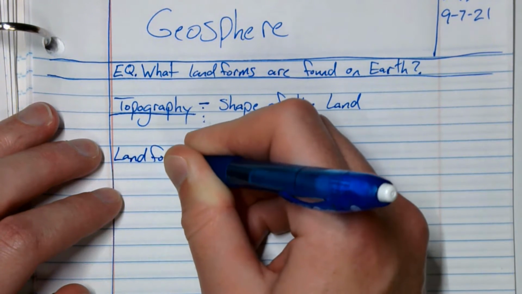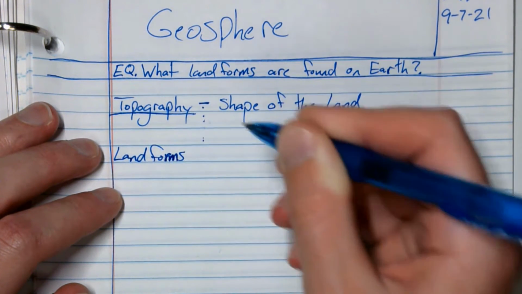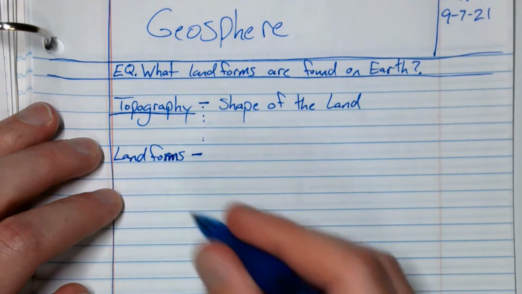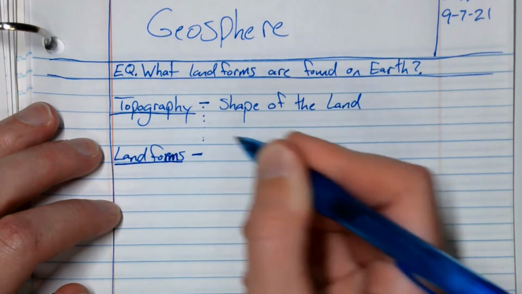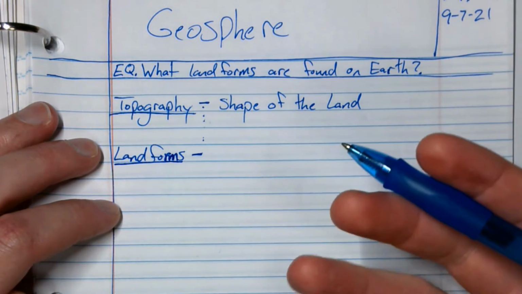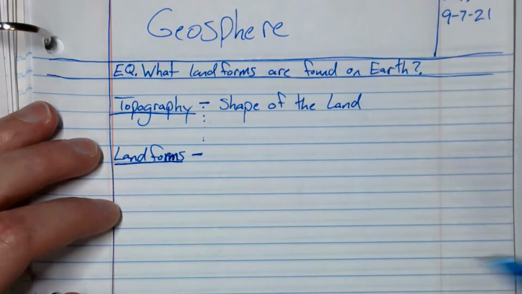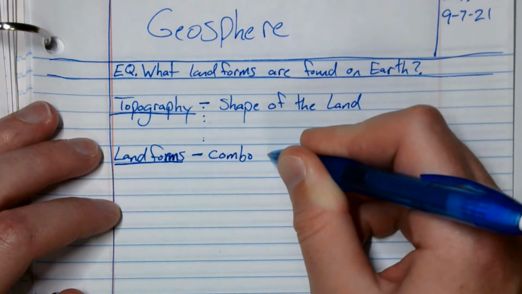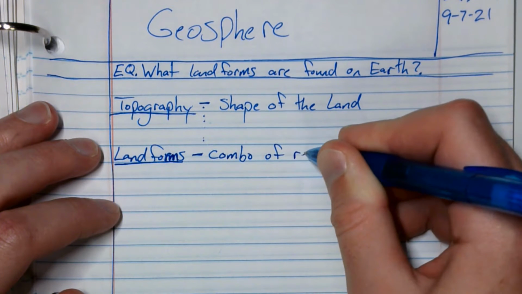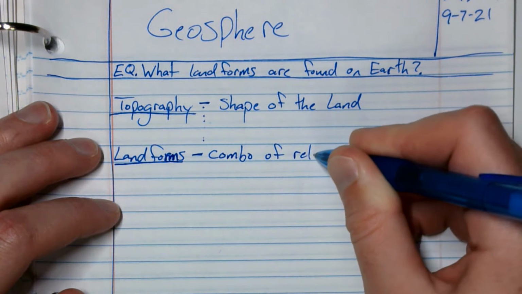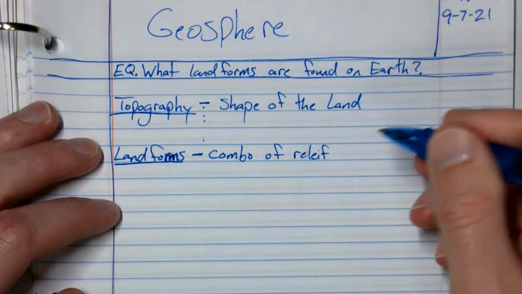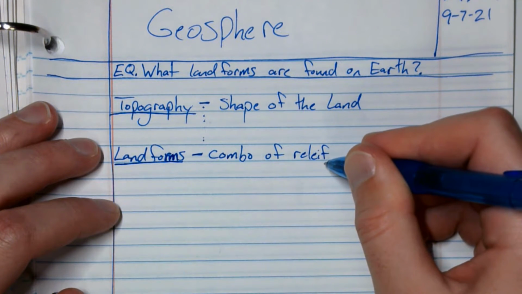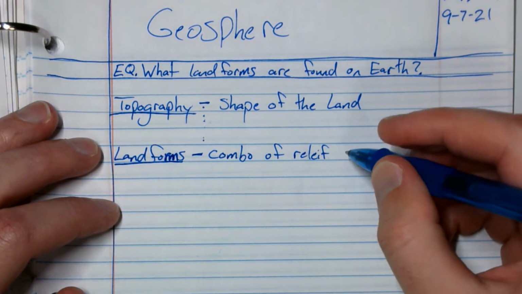Landforms. And R got kind of mixed in with my M. That's okay. Okay. So landforms. So how we're going to define a landform is this combination of relief and elevation. So I'm going to write combo of relief. Not sure if that's how I spell it. It's just I-E. That would make more sense. Whatever.